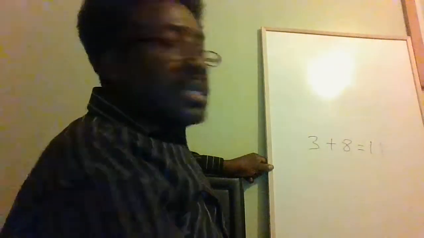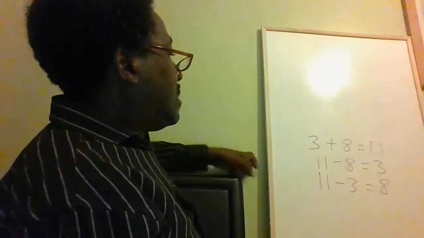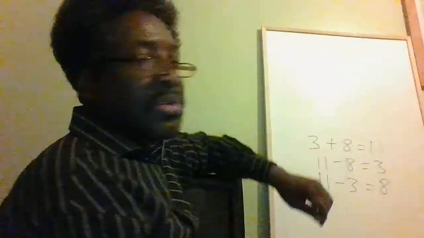3 plus 8 equals 11. That means 11 take away 8 is 3. Or you can even say 11 take away 3 is 8. 3 plus 8 equals 11.